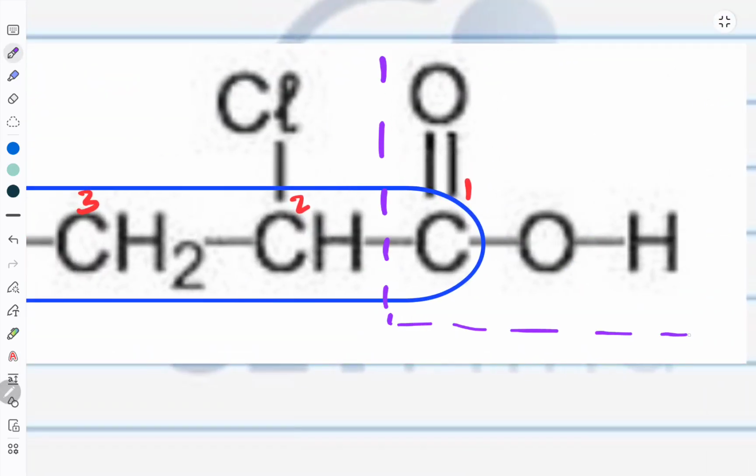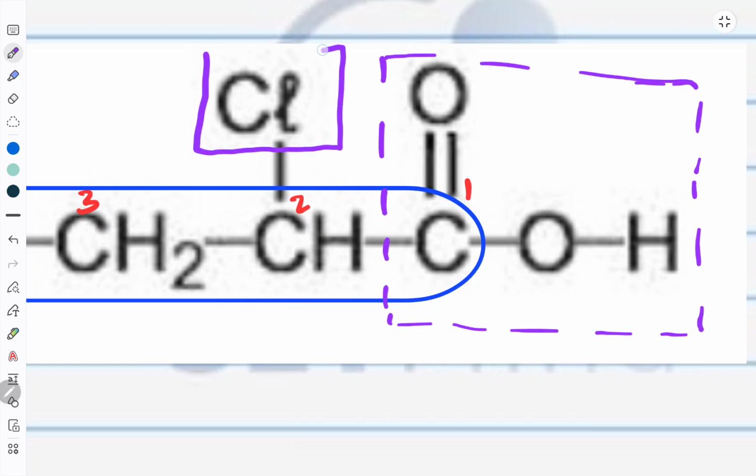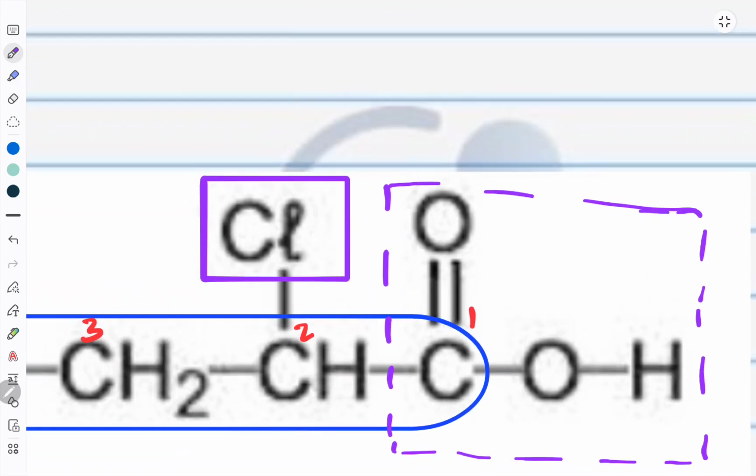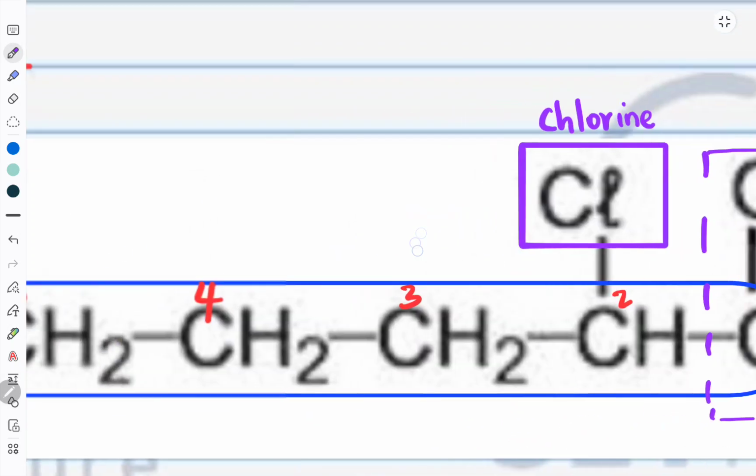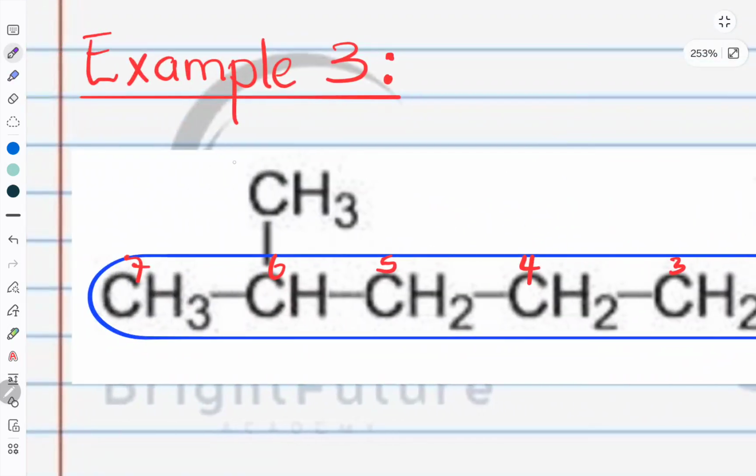That's our substituent number 1, the carboxyl group. That's our substituent number 2, the chlorine atom. And then that's our substituent number 3. This is our alkyl group, and the name of this alkyl group, since it has 1 carbon atom, is methyl. It's the methyl group.